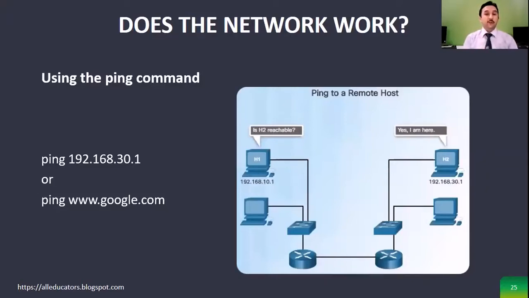The first computer has a caption, is H2 reachable, and sends a ping to 192.168.30.1, which is the address of H2. When the echo request reaches H2, H2 responds to H1 with an echo reply. The caption is, yes, I'm here.